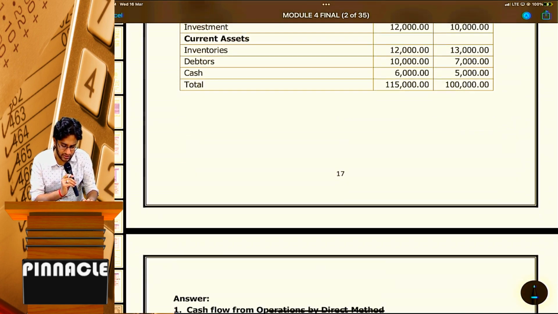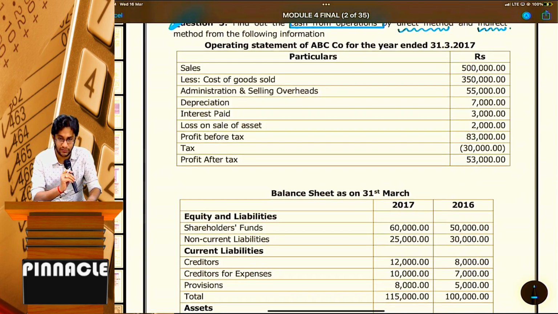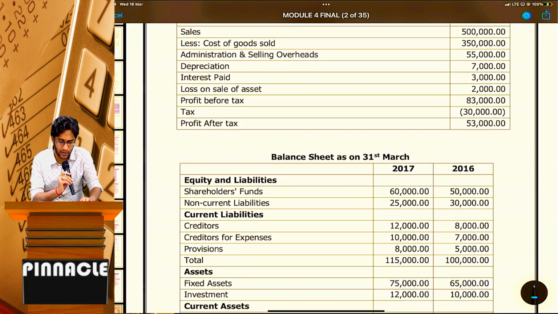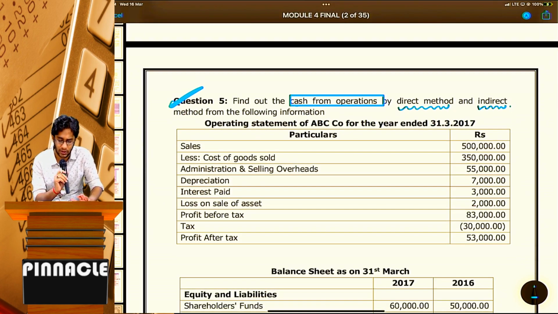The question is only this much. Now, you are not bothered about how much investment is purchased, how much liability is paid, how many shares are issued. You are not bothered about all that because the question's primary requirement is only operating activities' cash flow. So, you only bother about operating activities in both the methods, direct and also indirect.